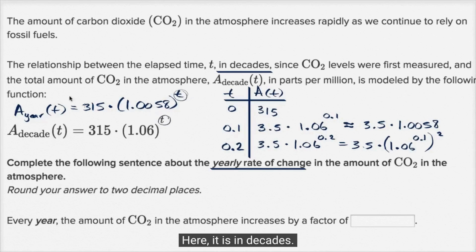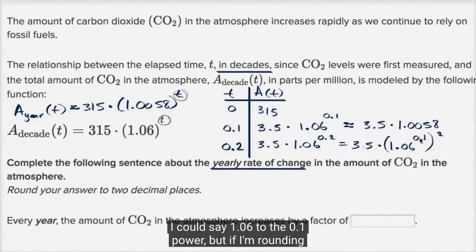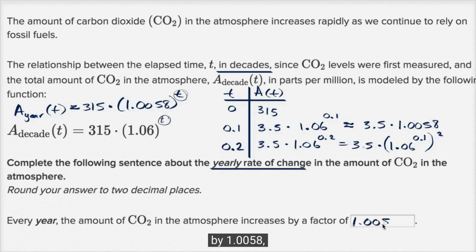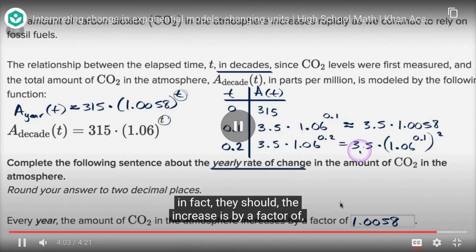Here it is in decades. And I could say approximately, since this is rounded a little bit. And so every year the amount of CO2 in the atmosphere increases by a factor of 1.06 to the 0.1 power, but if I'm rounding my answer to 2 decimal places, we're going to increase by 1.0058.